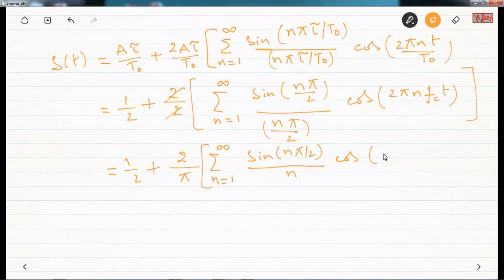Okay, right. So now this can be written as half plus 2 by pi.